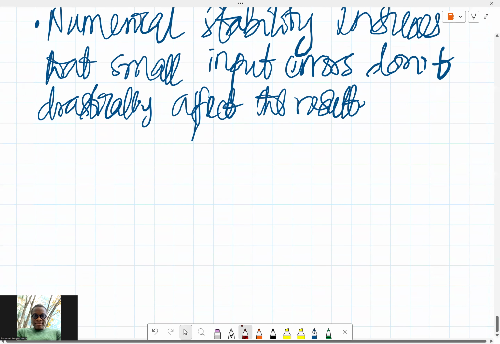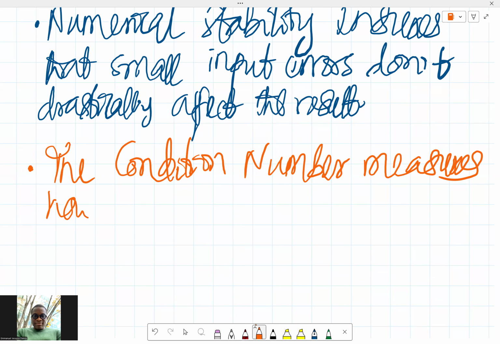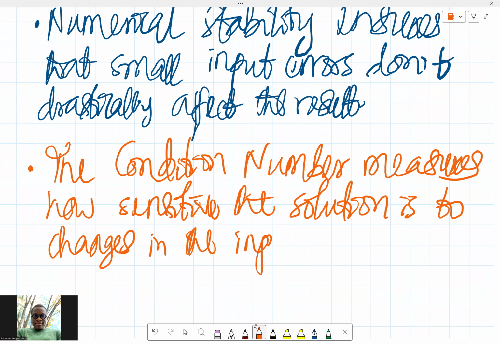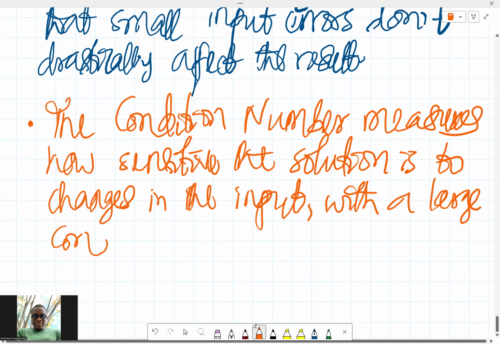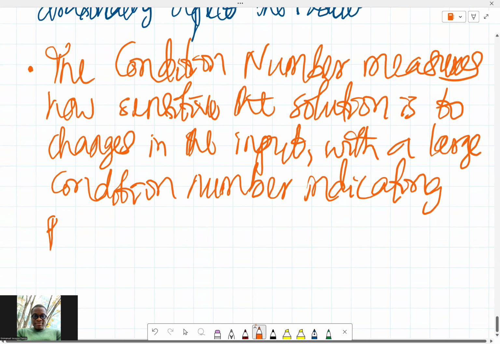The next thing is that the condition number measures how sensitive the solution is to changes in the input, with a large condition number indicating potential numerical instability.